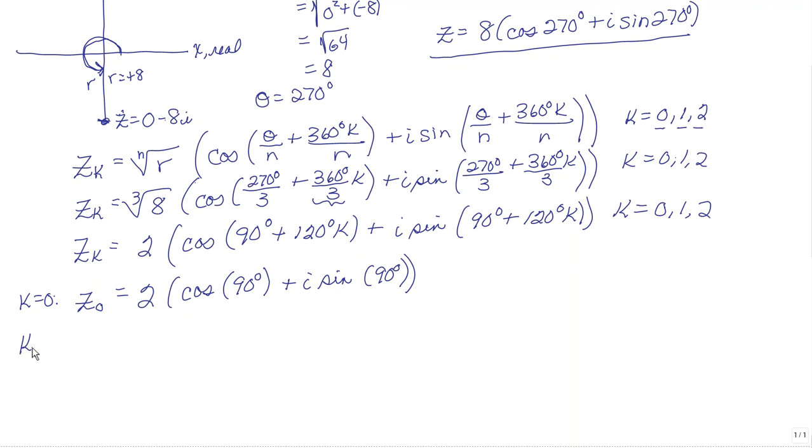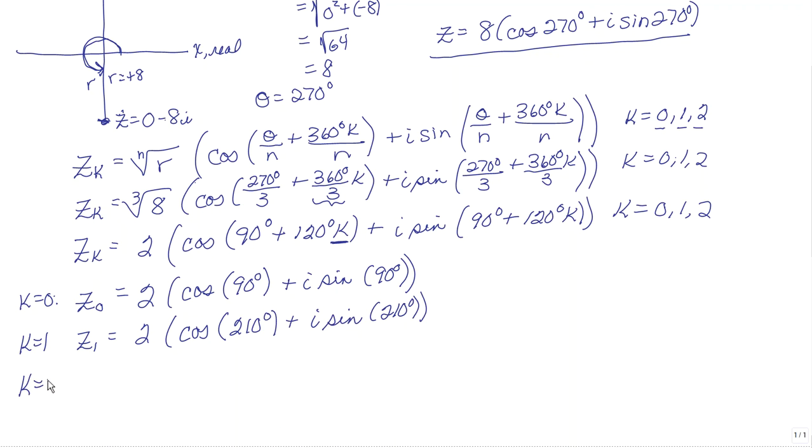For the second root, we let k be 1, so we have z sub 1 equals 2 times the cosine of, and this time, if you let k be 1, you'll have 90 plus 120 degrees, so that is going to be 210 degrees, plus i times the sine of 210 degrees.